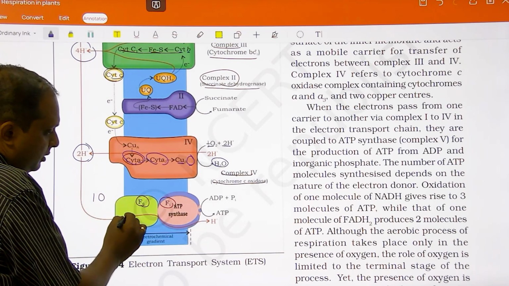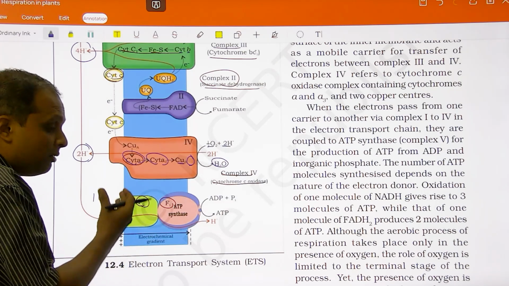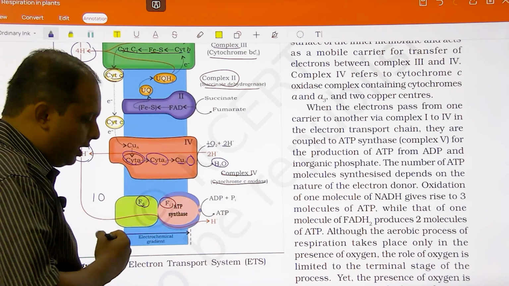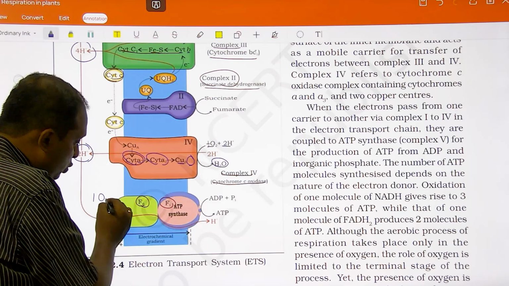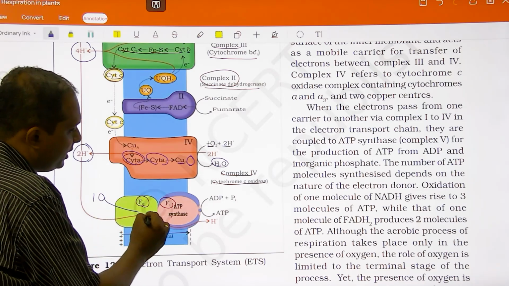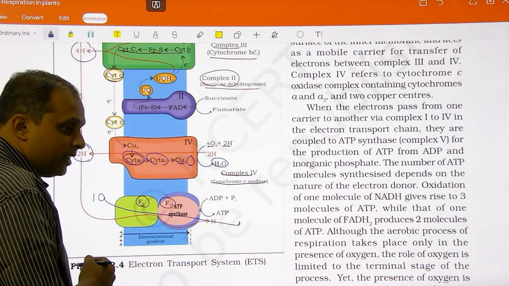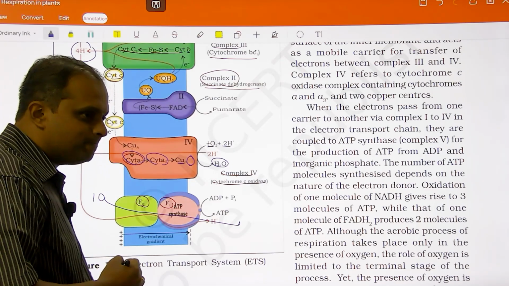Now this F0 particle னு இருக்குல்ல இங்க, this is what is the proton pump. Now when through this proton pump, the 10 proton gets to the matrix, சொல்றது புரியுதா?